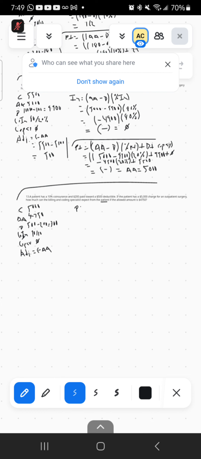And I'm just going to charge this one. Patient pays the allowed amount minus deductible minus the percentage for the insurance for the patient plus deductible plus co-payment.